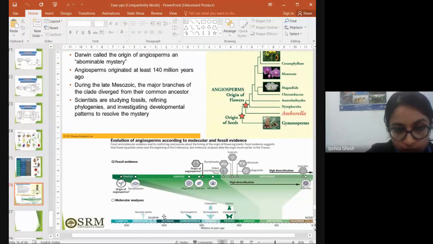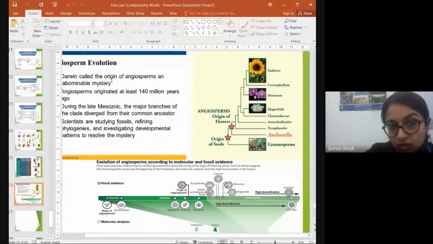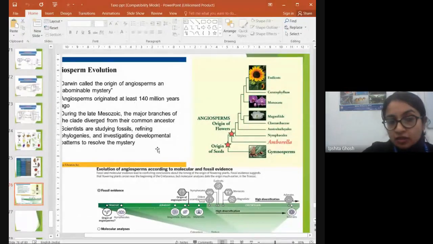Based on molecular analysis, plus the fossils which are available, we have come to this conclusion that probably the angiosperms originated during the Mesozoic era. So for now, you can write Mesozoic as the origin of angiosperms. But as and when it is revised, we can get a better specification on that note.